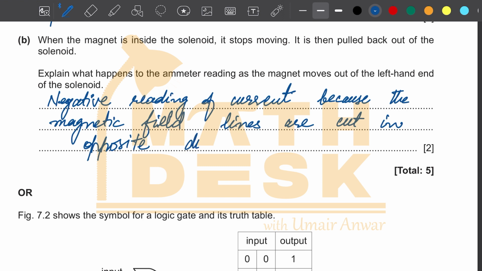So when the cutting takes place in the opposite direction, the opposite EMF or the EMF with opposite polarities is induced, and because of this EMF opposite current or the reverse current or negative current flows through the coil.